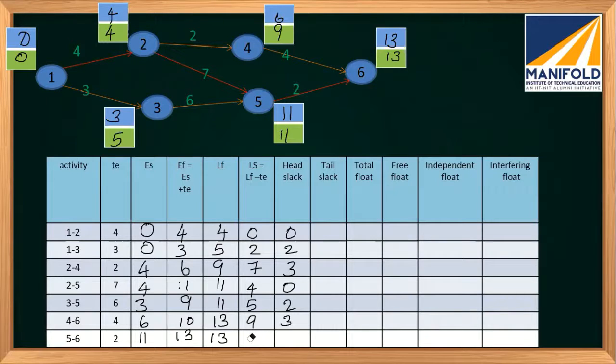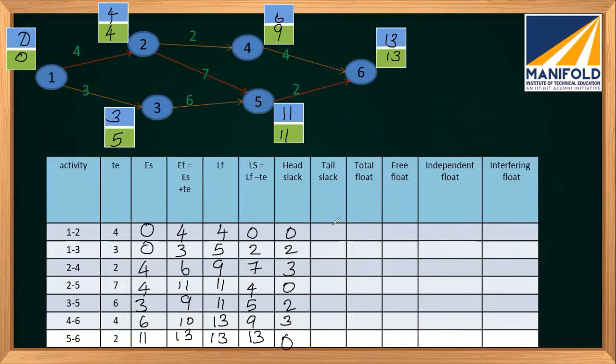For the final node we made a mistake. For the finishing node it will be the same, 13. Now 13 minus 13 will be 0.